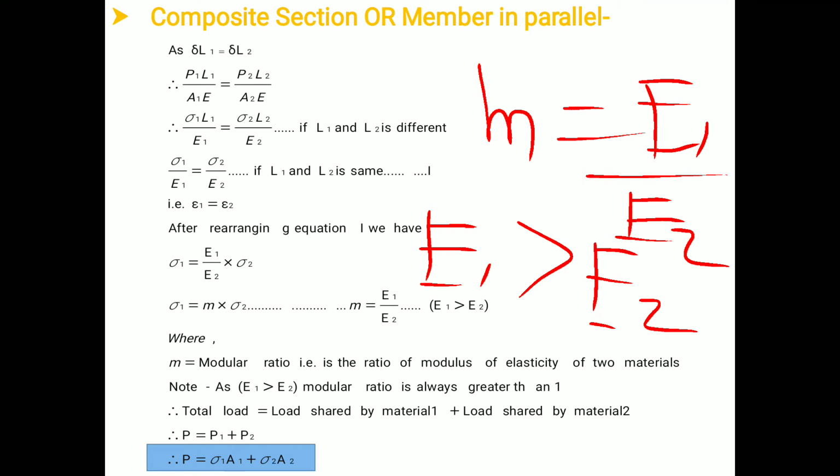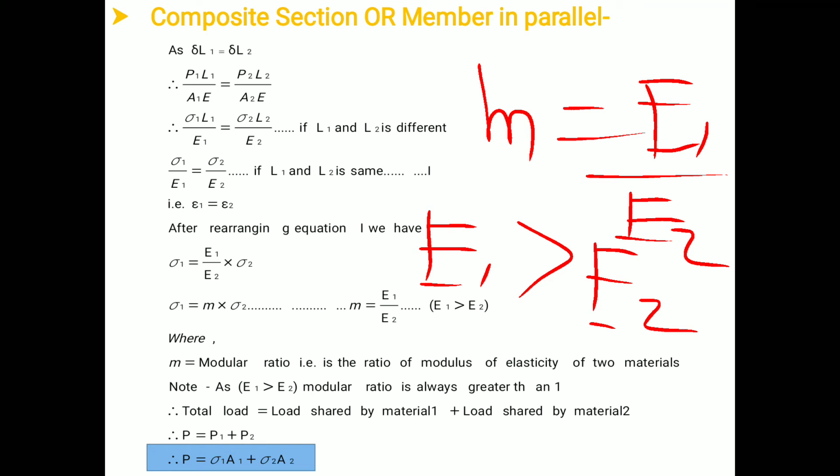The modulus of elasticity of material 1 must be greater than the modulus of elasticity of material 2, and it is the ratio of these two values. As E1 is greater than E2, the modular ratio is always greater than 1. Why is it greater than 1? Because the numerator is greater than the denominator. It means that the value of modular ratio is always greater than 1.